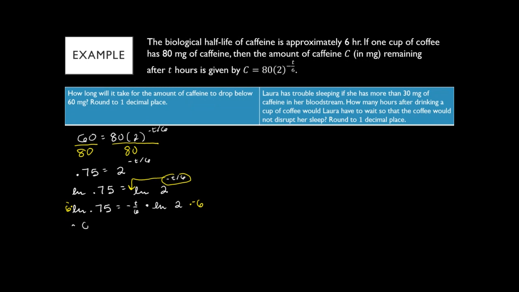Okay, so I'm kind of squeezing in my work here. I've got negative 6 times the natural log of 0.75, and that gives me t times the natural log of 2. So I multiplied both sides by negative 6 to get rid of the negative in the negative t over 6 part and to get rid of the 6 in the denominator. And so now I'm going to divide both sides by the natural log of 2.